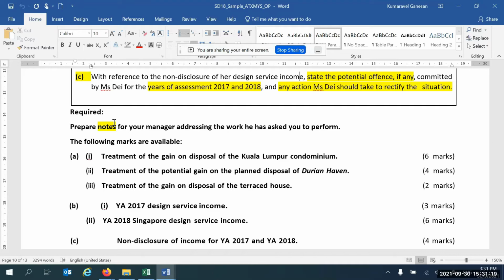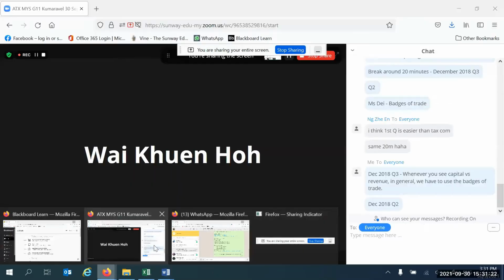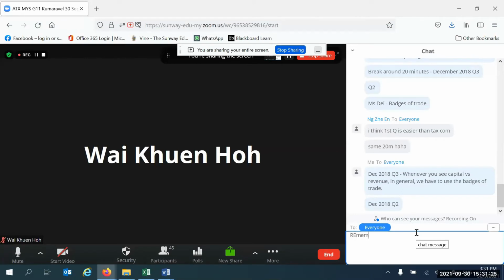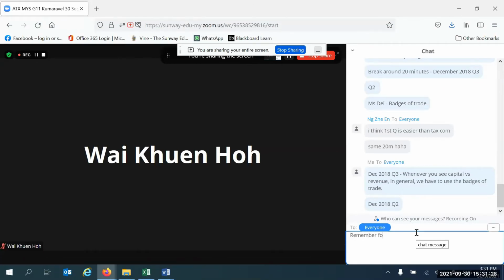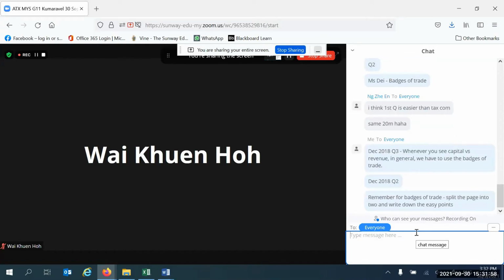Okay, so remember for badges of trade, split the page into 2 and write down the easy points.